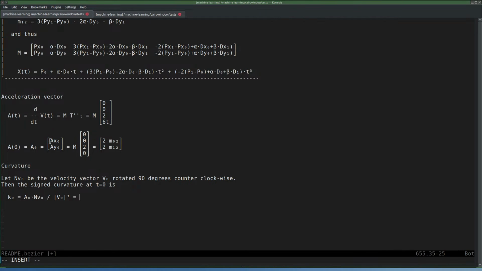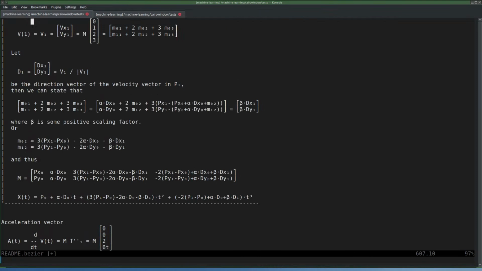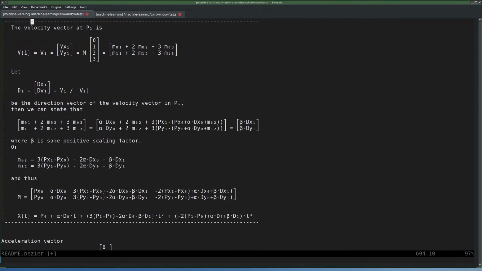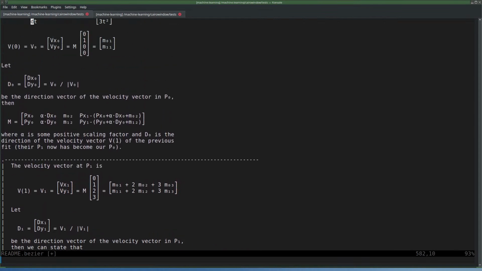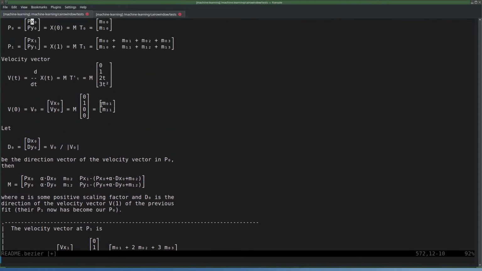So this is A0, this is not known, so I have to use this, X times the normal of, I'll write that out here. So V0 was, V0 is this.